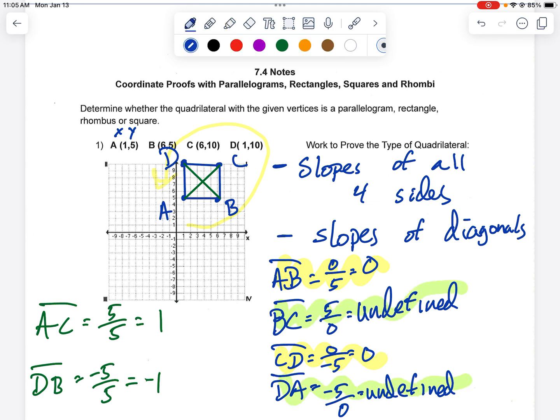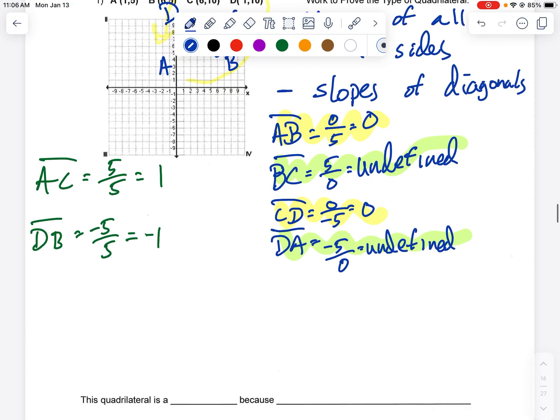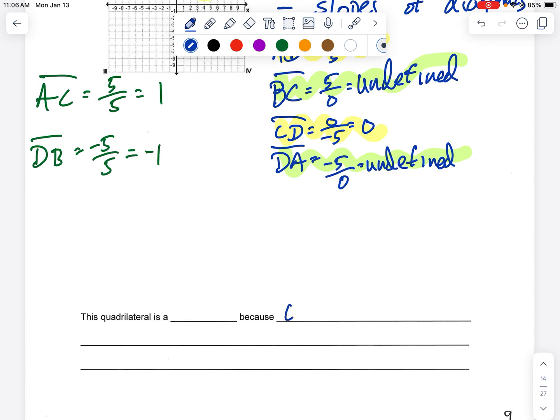These pairs of sides, so AB and CD, and BC and DA, those are opposite sides. And if two lines have the same slopes, those lines are parallel. So our opposite sides are parallel. Our adjacent sides, remember adjacent means right next to.